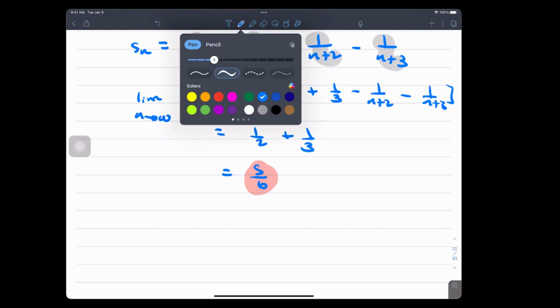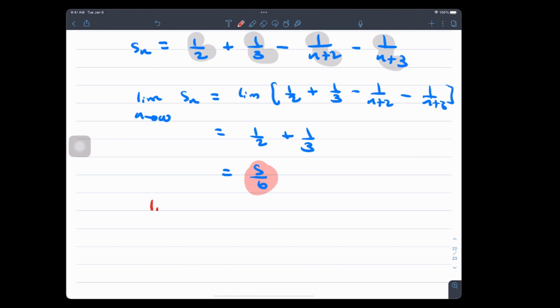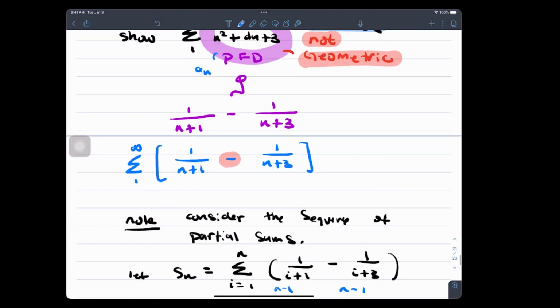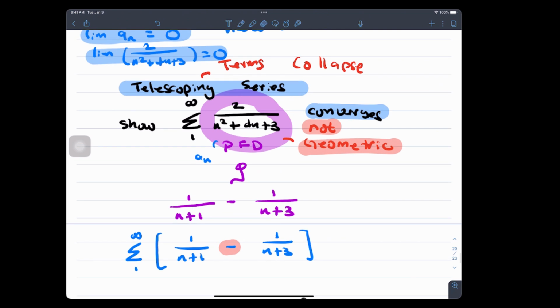So if you guys remember what that means here, right? When the limit of the sequence of partial sums is finite, that's the sum. So this is what it means to say that this series converges to that 5/6. So ladies and gentlemen, this equals 5/6.